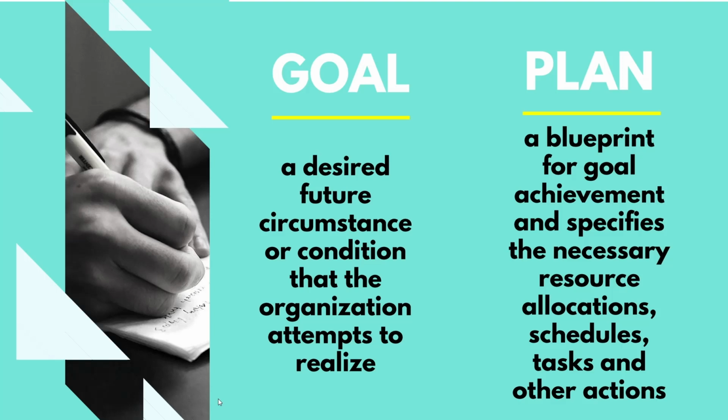So it includes now here all of the necessary steps, resource allocation, schedules, tasks that will help the organization reach its goal. So if the goal is to become the top-selling brand, the plan would detail now mga marketing strategies, budget allocation, production schedules, human resources efforts, and so on and so forth.